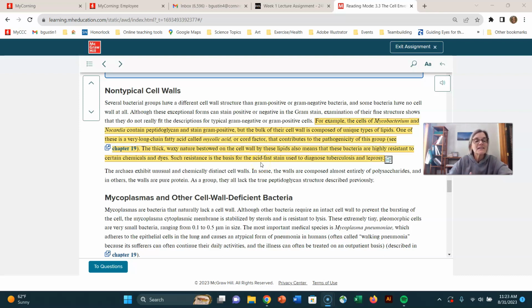What it does is it makes it really resistant to drying out. So bacteria in the genus Mycobacterium, like the ones that cause tuberculosis, can remain on surfaces sometimes for 2 weeks and still be able to cause infections. And when we go to identify that, we do something called an acid-fast stain. And I think we do that in one of our virtual labs.